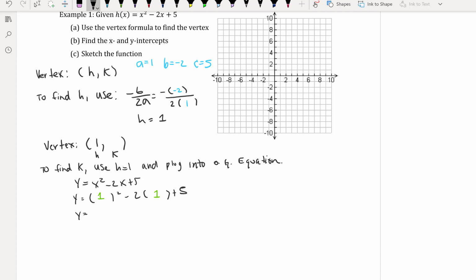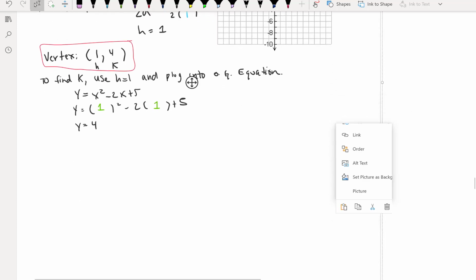I'm going to plug this into my calculator, 1 squared minus 2 times 1 plus my 5, and I get a +4. So now I have my vertex as 1, 4. Perfect. So 1, 4 is going to be my vertex. And I already know this is going to be a happy or positive parabola because that a value is a positive 1, okay?